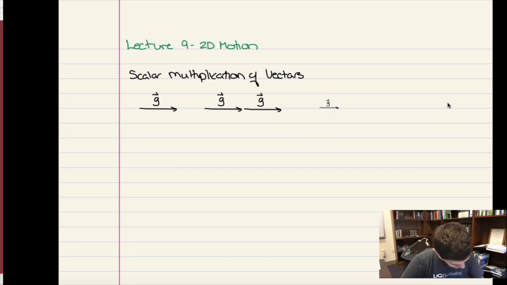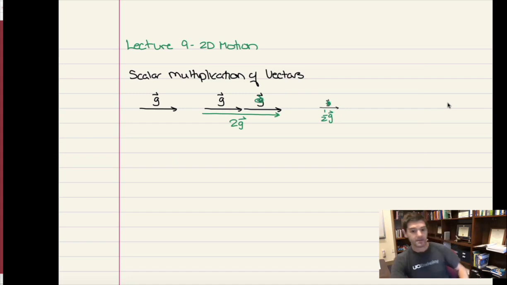This vector here might represent 2g, and this one 1/2 g, a vector pointing in the same direction as g but with either twice the length or half the length in magnitude. And minus signs obviously flip the direction.